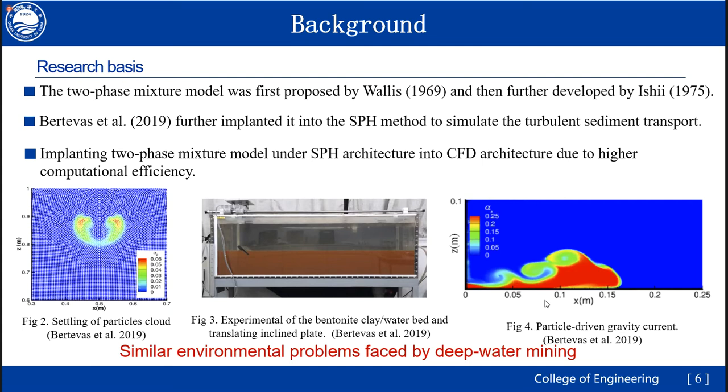This one is the sediment particle cloud that Butterworth reported last year. This one was also experimented by Butterworth in Singapore. And this one is another case. All three cases present problems similar to the environmental problems faced by deep sea mining.